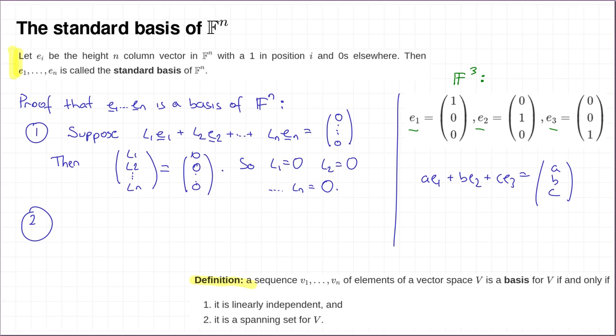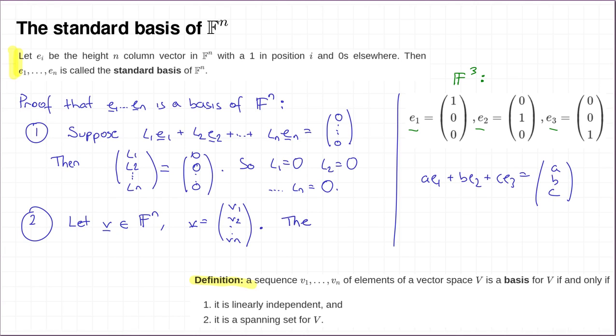So now we have to prove that e1 up to en is a spanning set, so we have to take any vector in F to the n and prove that it can be written as a linear combination of the ei's. So let's let v be an element of F to the n, in other words a height n column vector. So we can write v as v1, v2 down to vn, where the v's are some element of whatever our field F is.